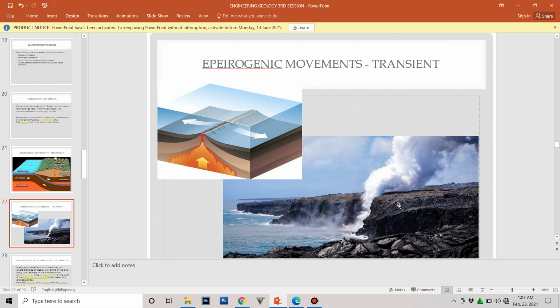So how about EPEIROGENIC movement that is transient? So we say that transient is come and go, ano? So transient uplift can occur over a thermal anomaly due to convecting hot mantle. So kung nawala yan, the convection will disappear.